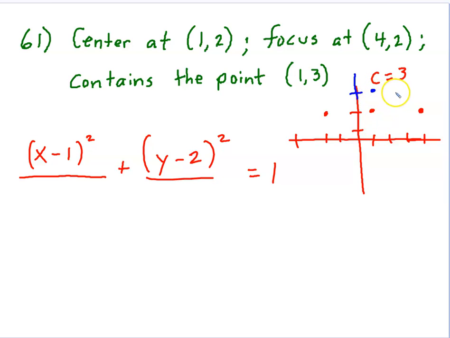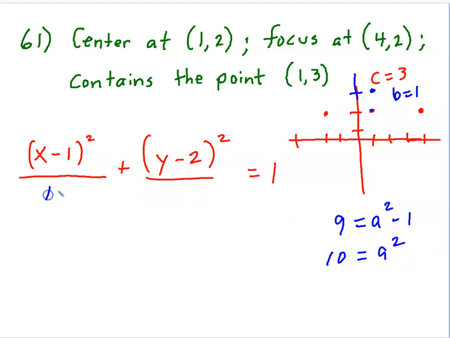So b must be 1. It's 1 unit from the center to this point right here, and it must be a co-vertex. So we can use this information to help us find a squared. So c squared is a squared minus b squared. So looks like a squared is 10.